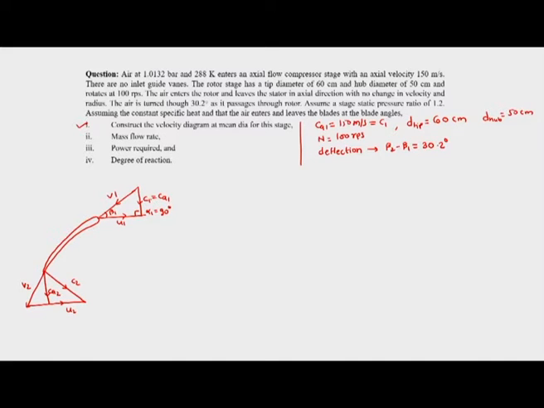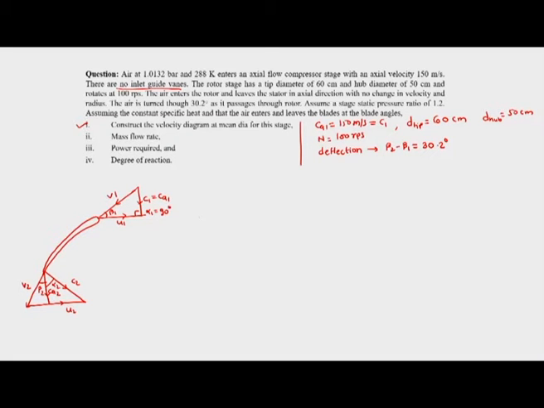Since we are told that there is no guide vane, it is coming directly in the axial direction. So the absolute velocity is in the axial direction since there is no guide vane. It is mentioned over here in the example. Having said this, this is beta 2, and this is alpha 2.